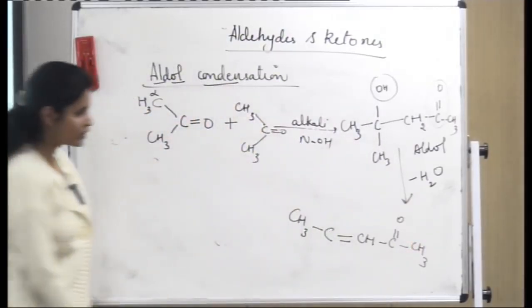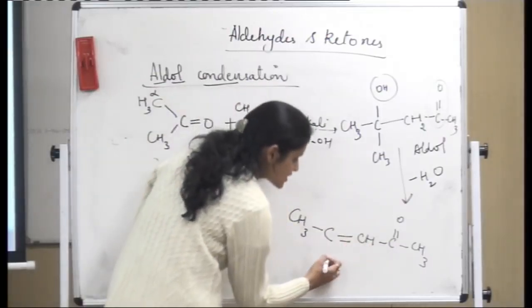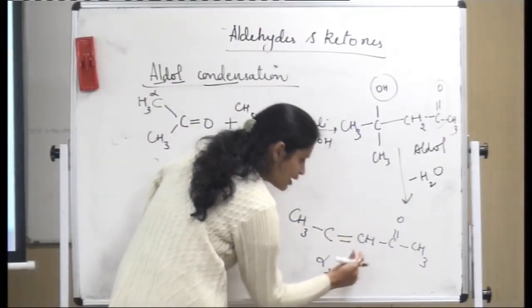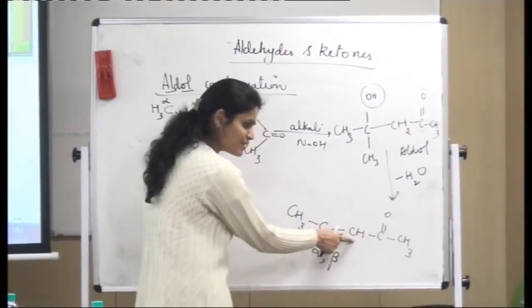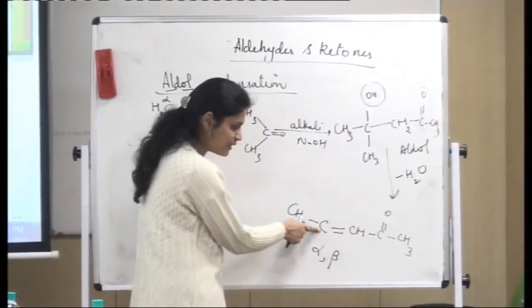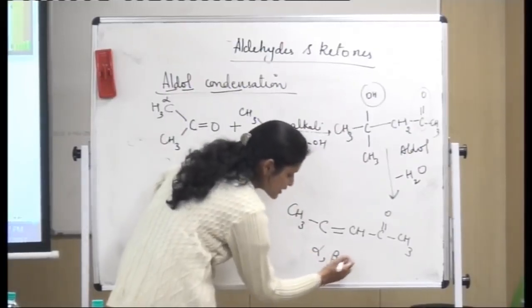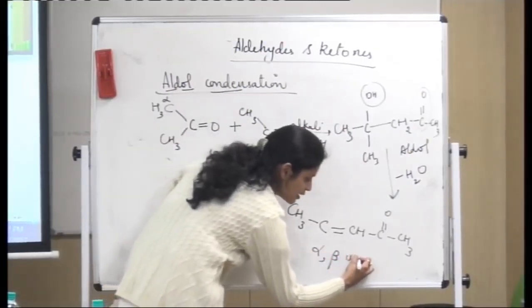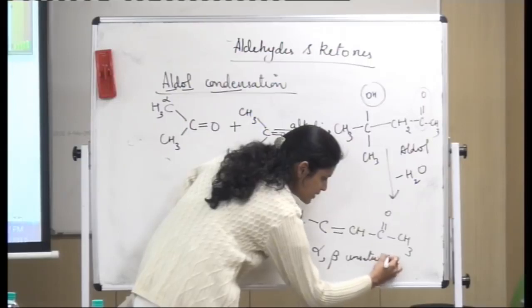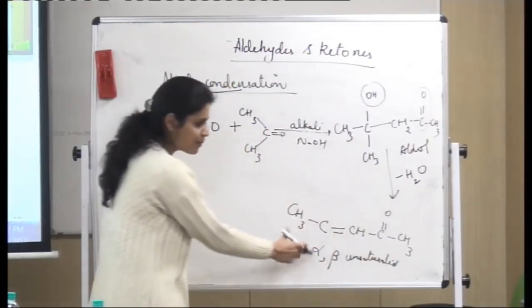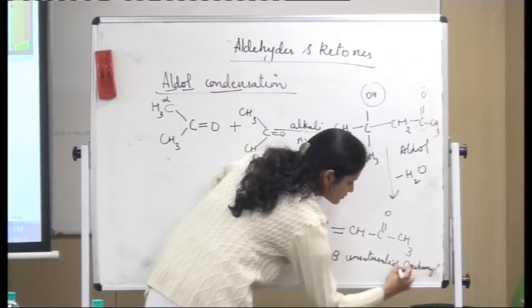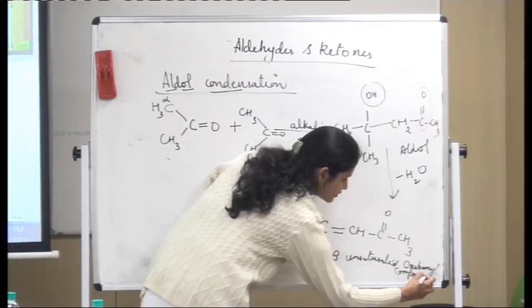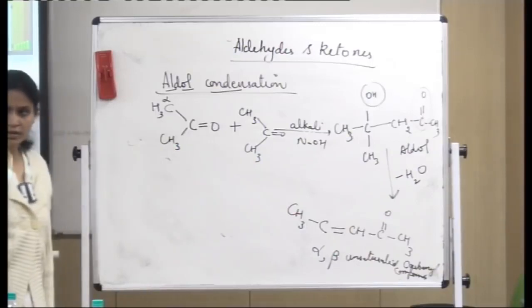So that means aldol condensation has resulted in the formation of an alpha beta unsaturated carbonyl compound. The carbon next to the carbonyl group is the alpha carbon and this is the beta carbon, and the double bond makes it alpha beta unsaturated, right? Understood?